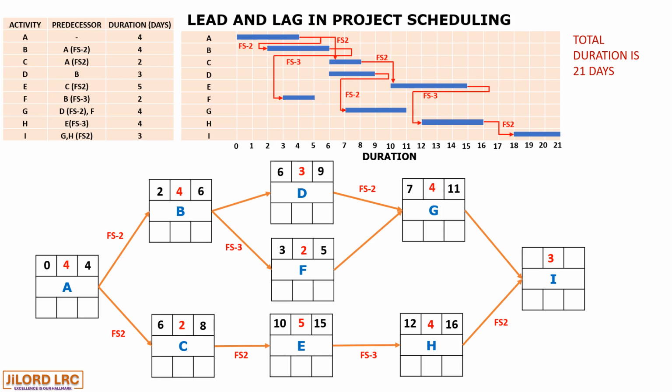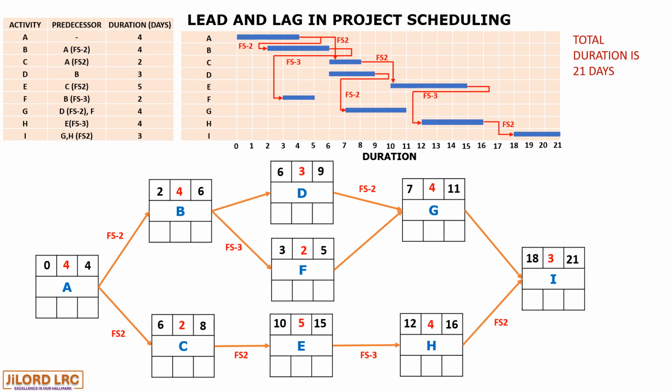Now the highest goes to I, and therefore between H and I is a lag of 2 days, and between G and I is no lead or lag, and therefore 18 becomes the value for the early start of activity I. So the early finish activity to complete the forward pass is 18 plus 3 giving us 21.